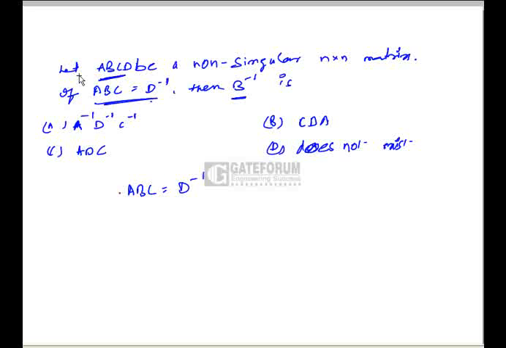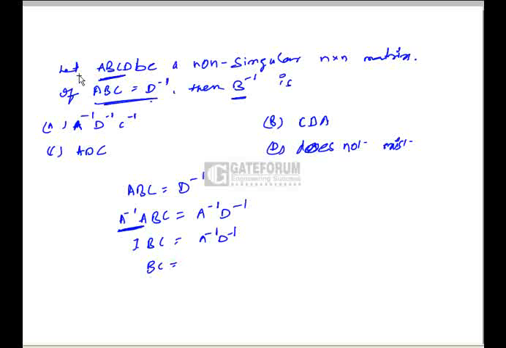So if we multiply with A inverse on both sides, then we'll get A inverse into A, BC is equal to A inverse into D inverse. A inverse into A is nothing but the identity matrix I. So I into BC is equal to A inverse into D inverse. I into any matrix would be that matrix. That means I into BC is equal to BC.